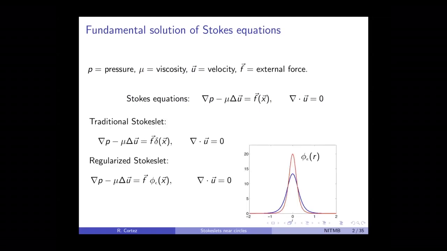So we're going to need Stokes equations and the fundamental solution, which is the Stokeslets as we know it. There will be some regularized Stokeslets, and there will be some singular Stokeslets.